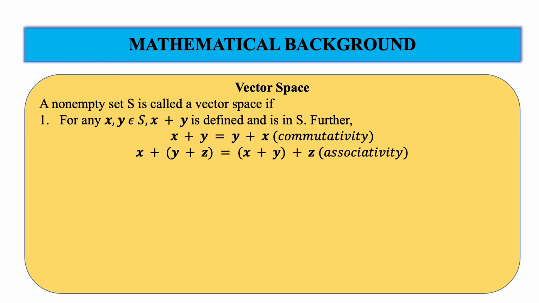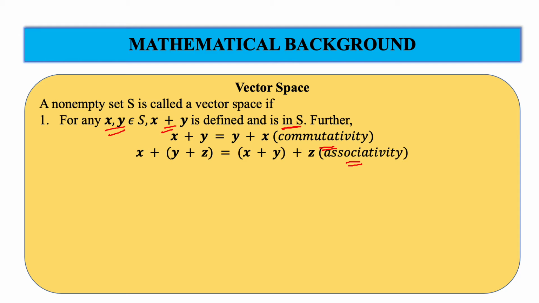Now for any two elements x and y of the set S, first of all there is an operation of plus which is defined, such that x plus y is in the set S. Further, this addition operation should be commutative, which means x plus y should be equal to y plus x, and it should also have the property of being associative.